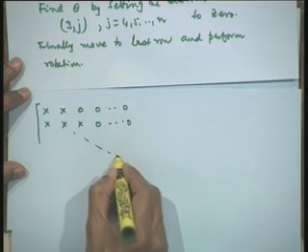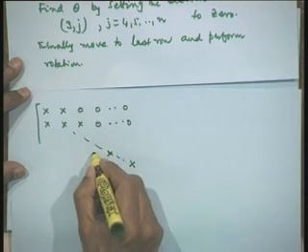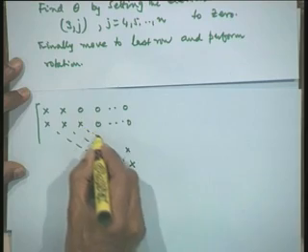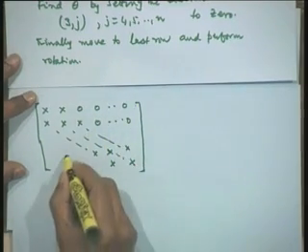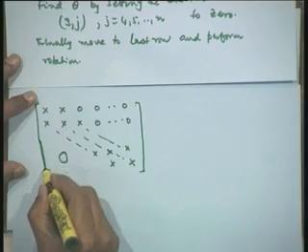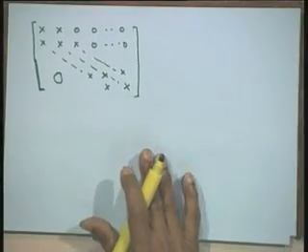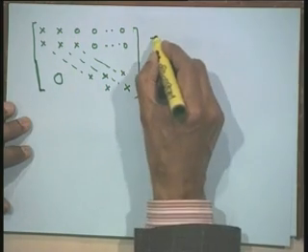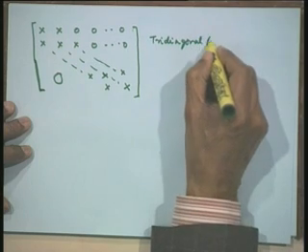So, what I would therefore have is an element here, an element here, an element here, an element here, which is nothing but the tridiagonal system. So, this is reduced to a tridiagonal form.